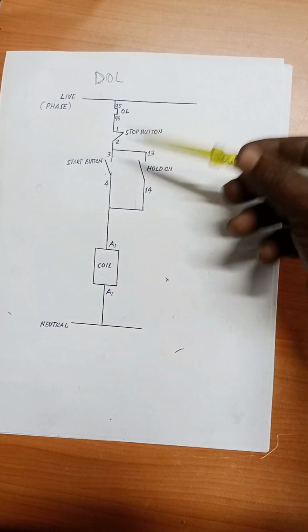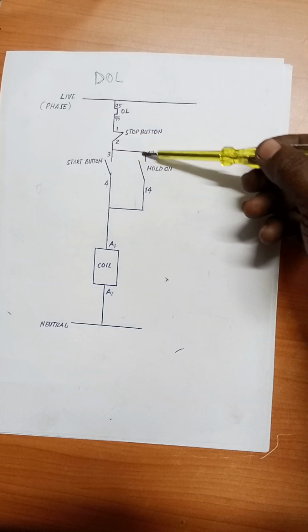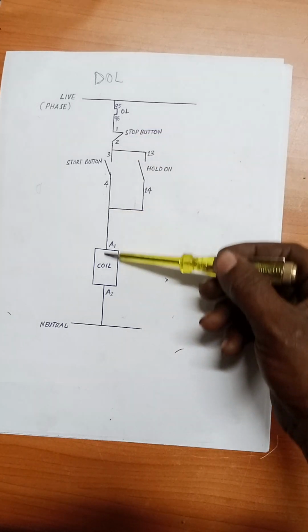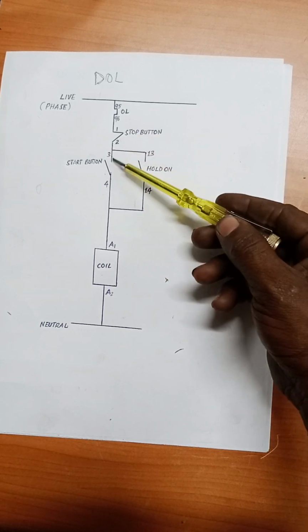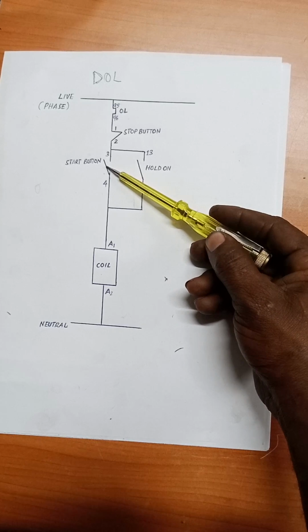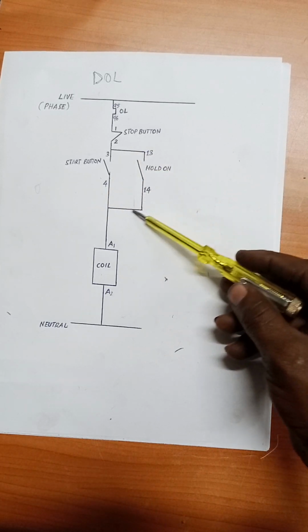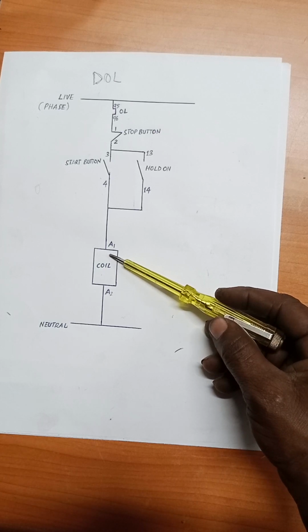When it becomes NC, now check power, it will go straight up to the coil also. So even when you release the start button, the power will be passing through up to the coil directly.